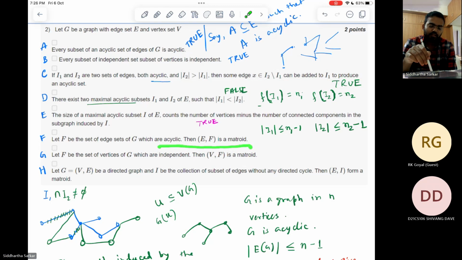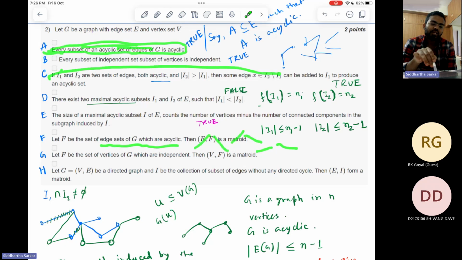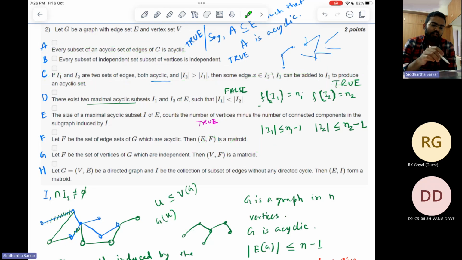The hereditary property is satisfied because every subset of an acyclic set of edges is also acyclic. Because of A, the hereditary property is satisfied, and because of C, the exchange property is satisfied. And the empty set of edges is vacuously acyclic, so it is also in the family. Therefore, this is a matroid.